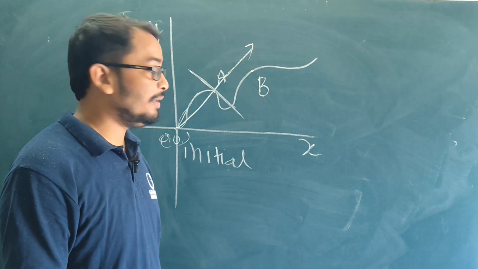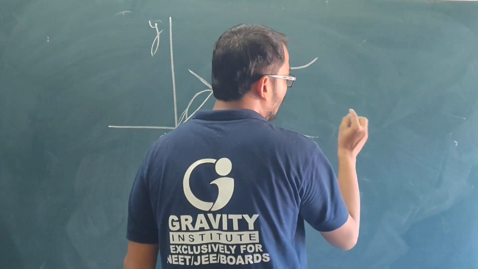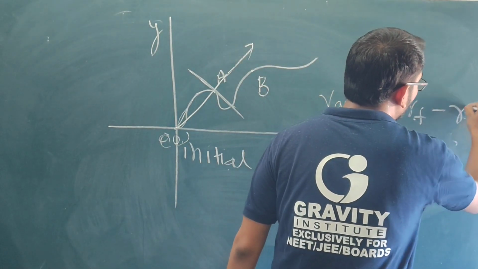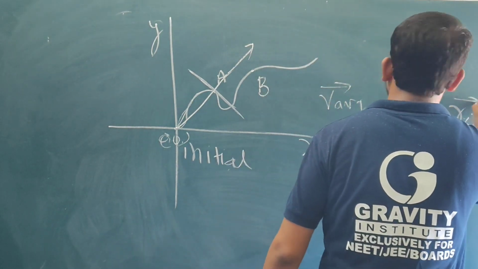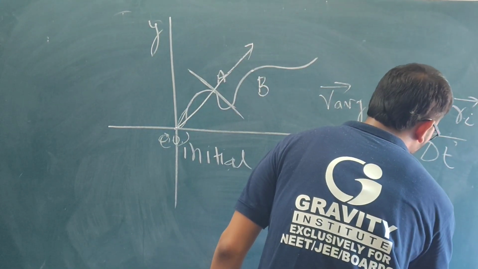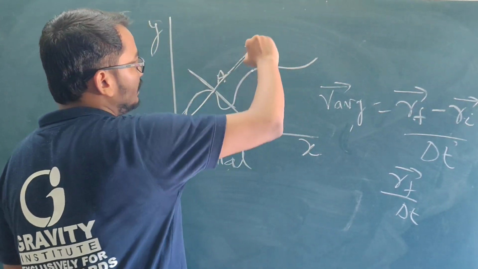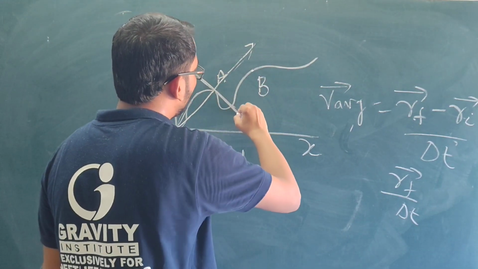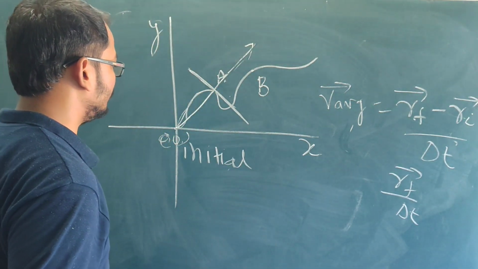Here r initial is 0, so the direction of average velocity is r final minus r initial divided by delta t, as vectors. The direction will be the r final vector along this. So average velocity is along this direction, and for instantaneous velocity we draw a tangent, whose slope gives the direction.